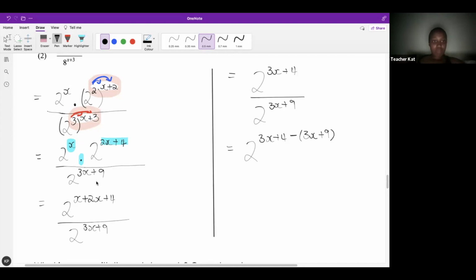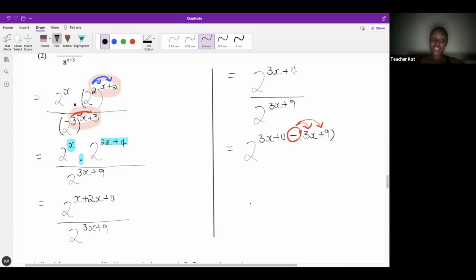What is that minus going to do to my terms? I have to distribute it, isn't it? So it's going to change my signs.